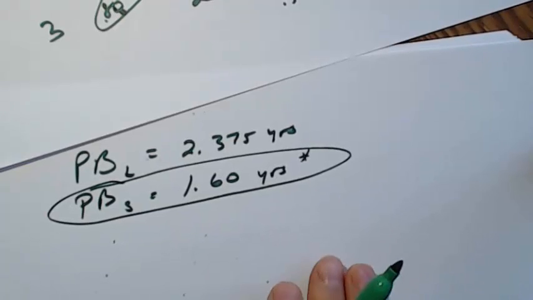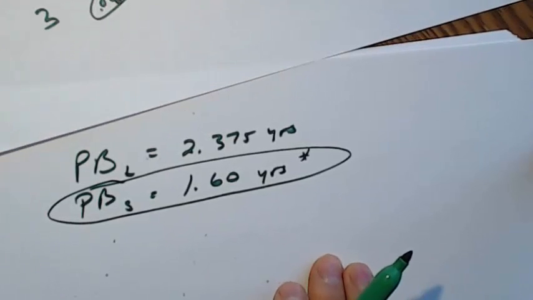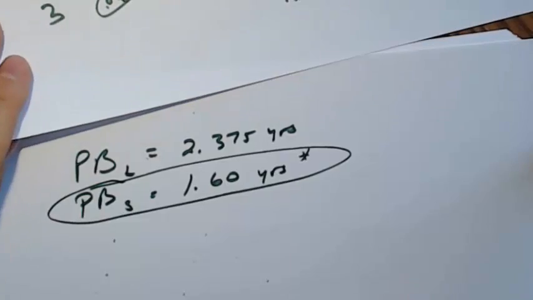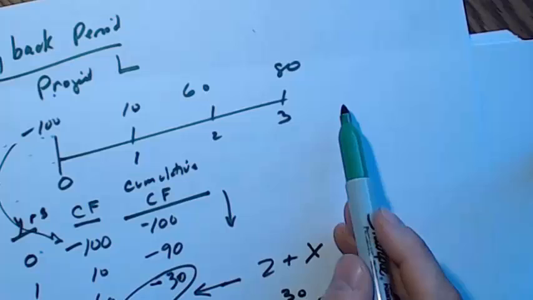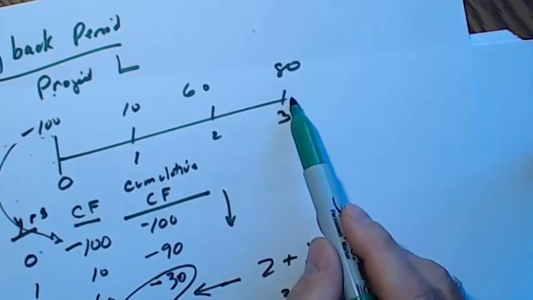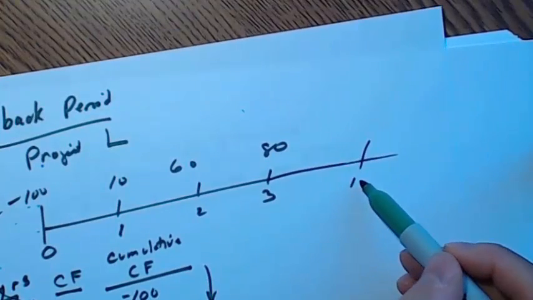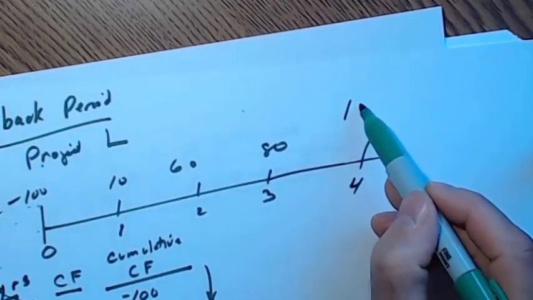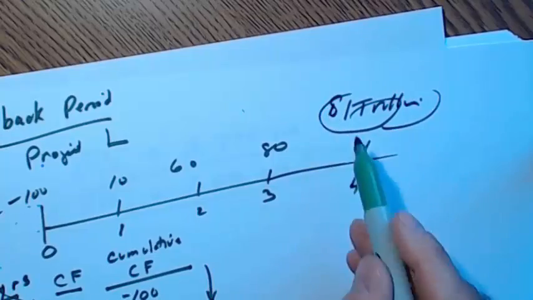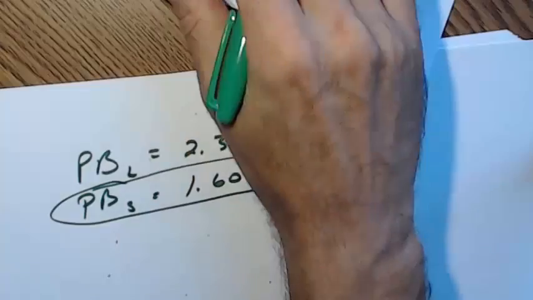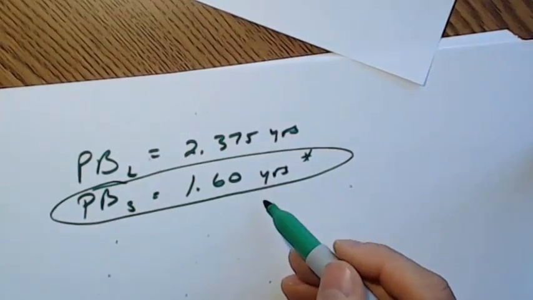Now, right away you can see there's problems with this. There's a couple of problems with it. The biggest problem is it ignores the cash flows. If we had cash flows of $1 trillion in period 4, 1 trillion here, we'd be completely ignoring that in the calculation.